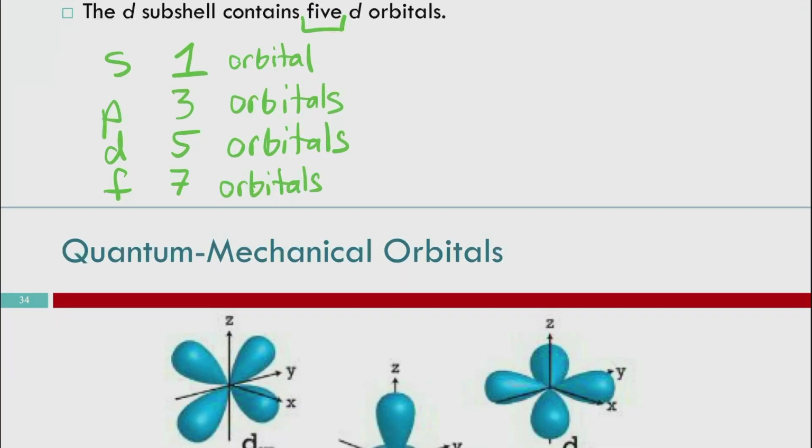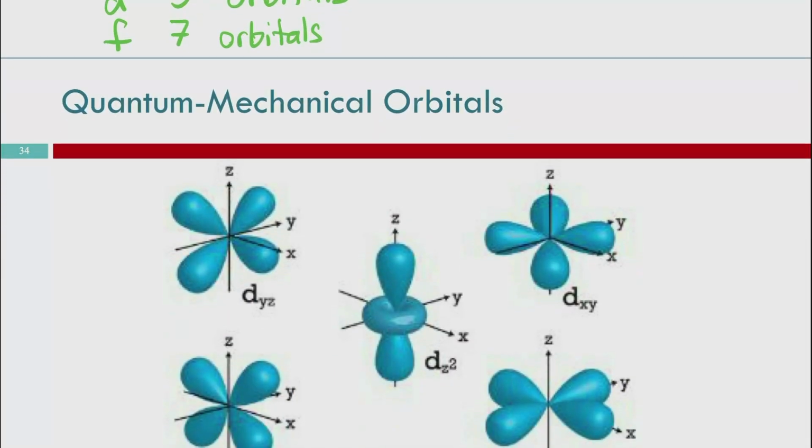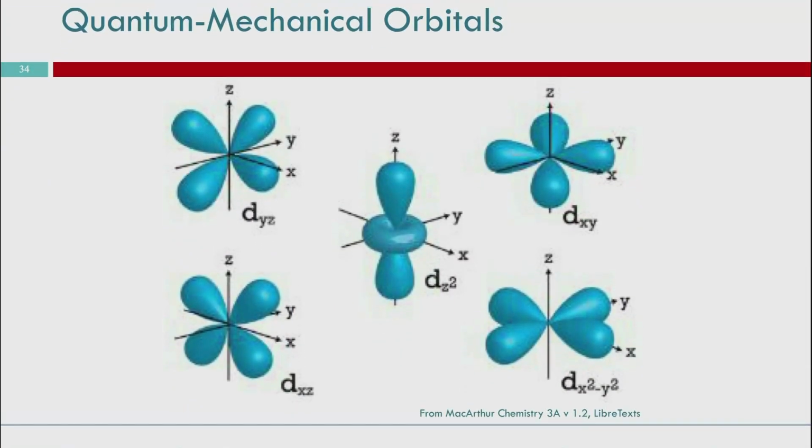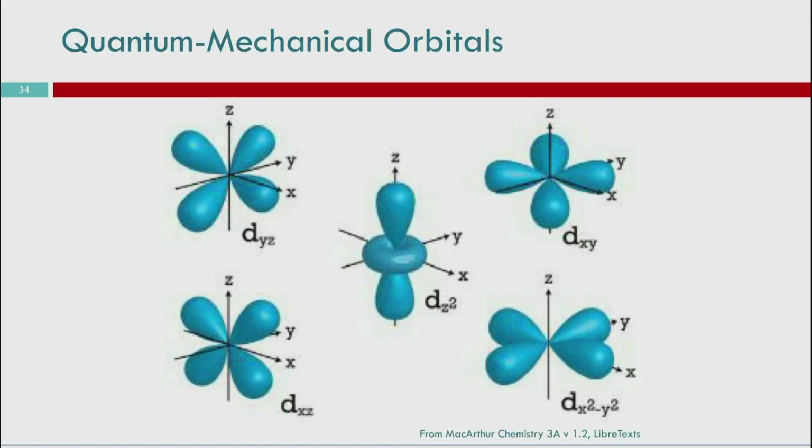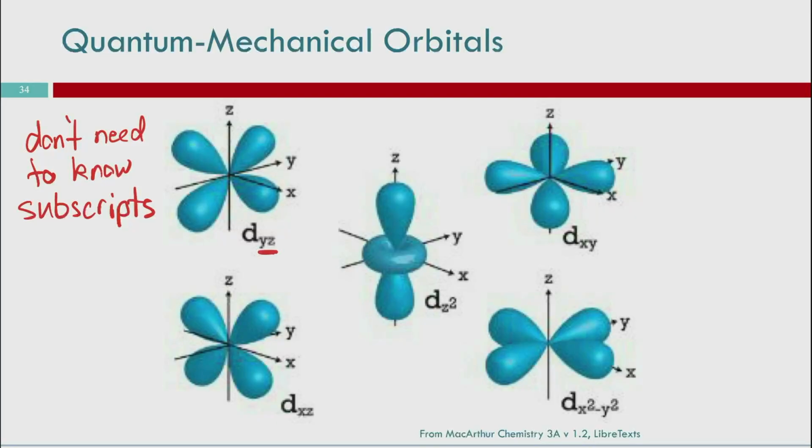All right, so these are the d orbitals. Again, you don't need to know the subscripts, like the YZ or the XZ.